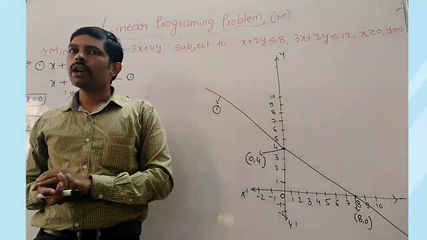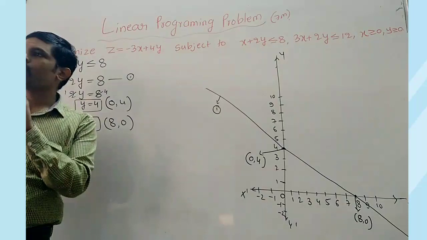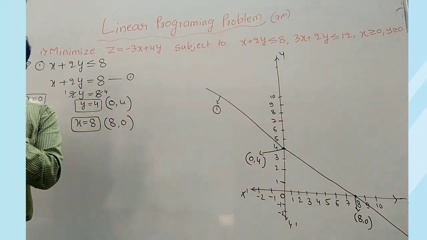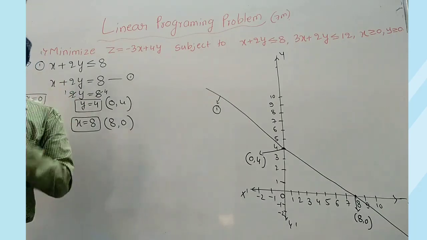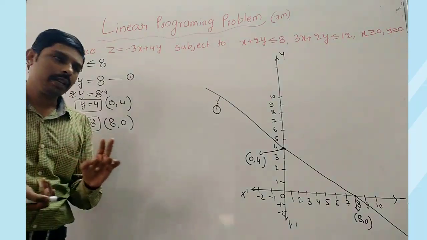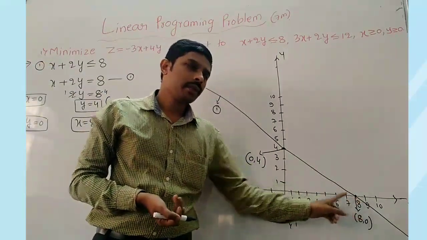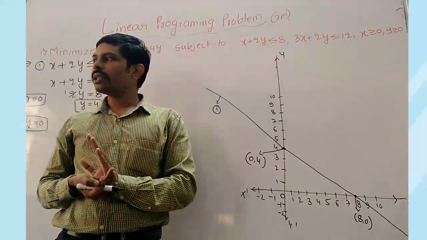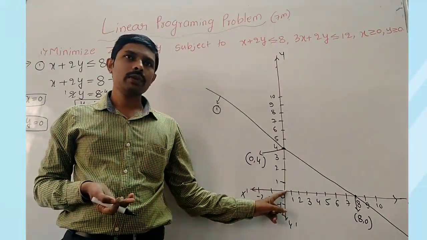For that, to check the solution, we have to choose any point which is not on the boundary of the graph. Please don't take a point which is on the boundary. Don't take 8, 0 because it is on the boundary. The standard point I always consider is 0, 0, so the calculation will be easy.